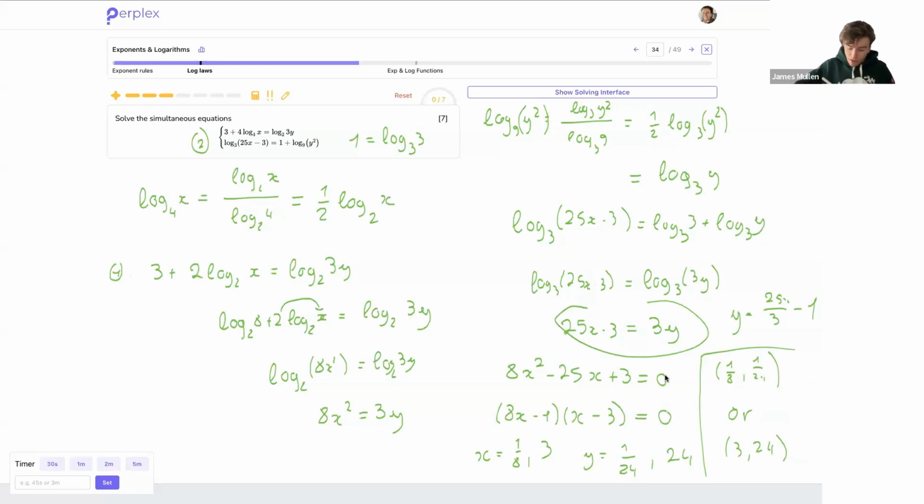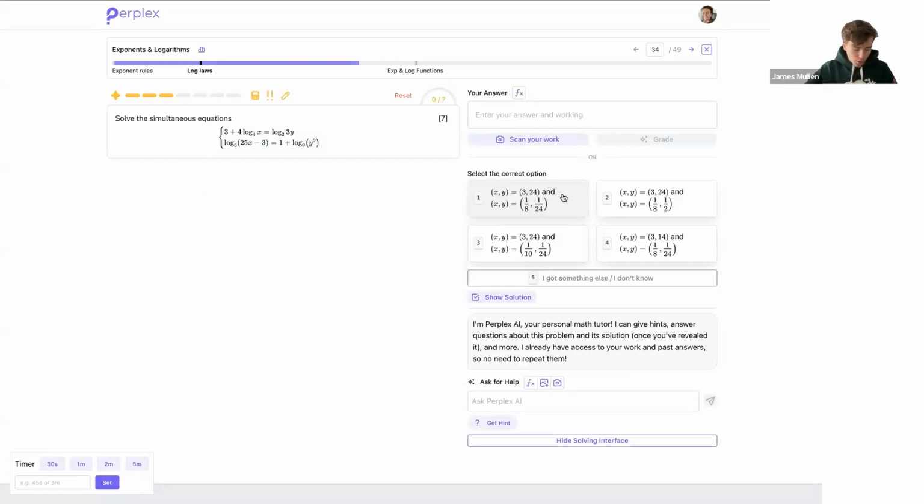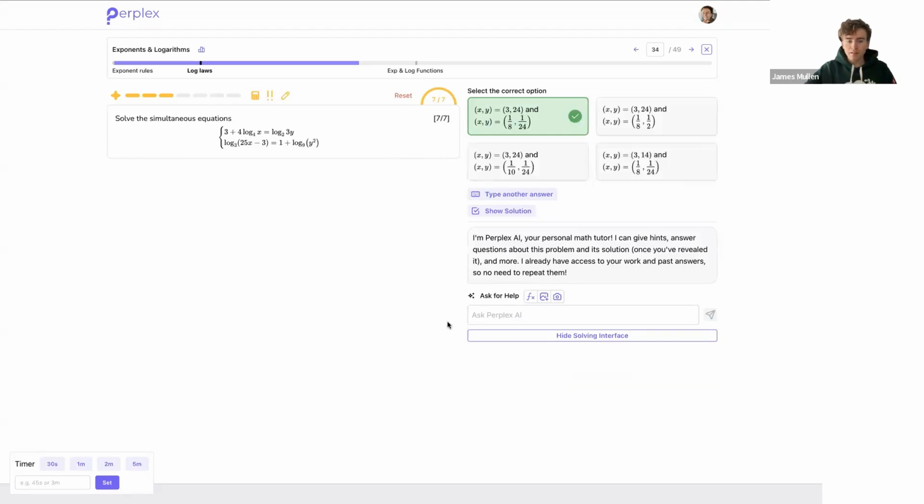It's enough to just write them next to each other, or to label them, or maybe even draw an arrow between the solutions that work together. But make sure you indicate which pairs work. We had 3 and 24, or 1 over 8 and 1 over 24. And that looks good. Perfect.